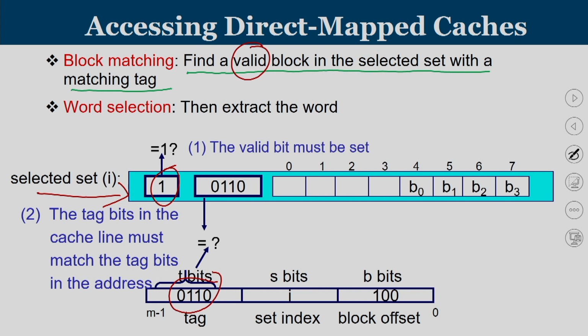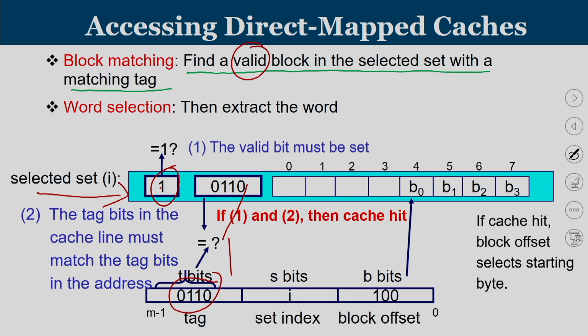The tag bits that are stored are compared with the incoming tag from the address. So, if the valid bit is 1 and the tag bits match, it is a hit. If condition 1, the valid bit, and condition 2, the tag match, both hold in the selected set, then we call it a cache hit in the case of a direct mapped cache.